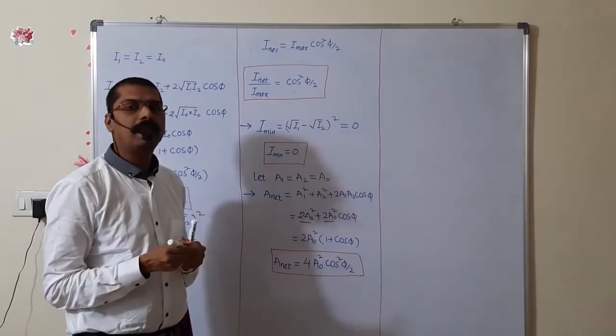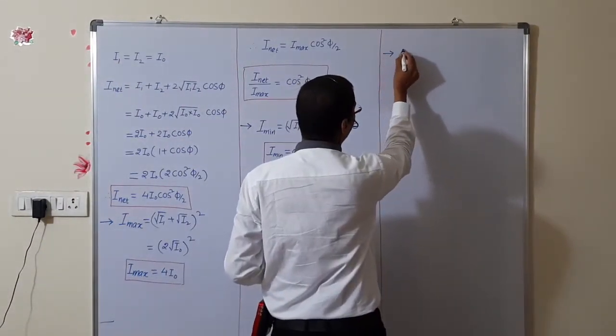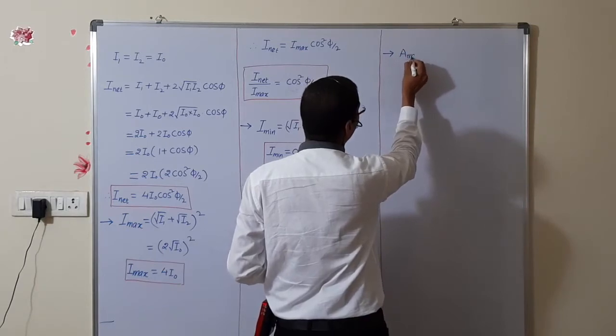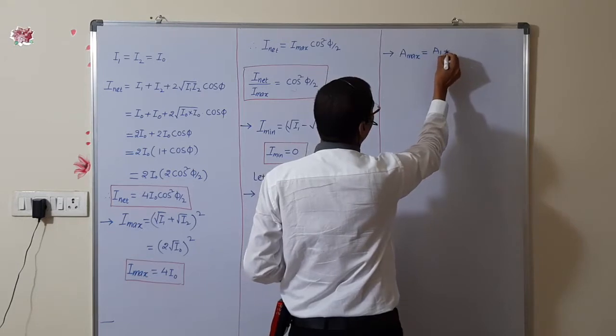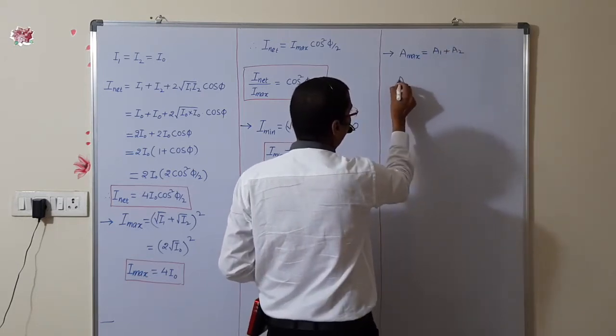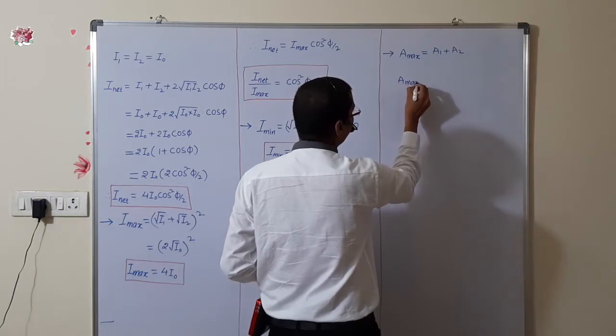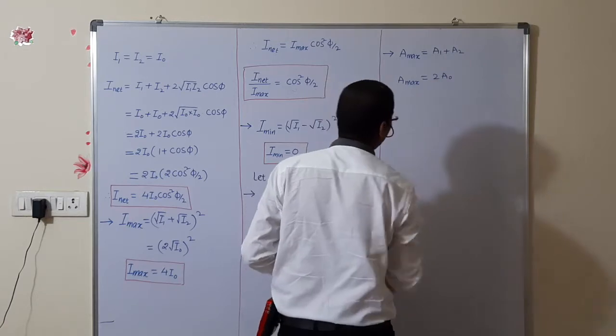Now what are the maximum amplitude and minimum amplitude? If you take the maximum amplitude, the formula is A1 plus A2. Since the A1 and A2 values are identical, A max is equal to 2 A naught.